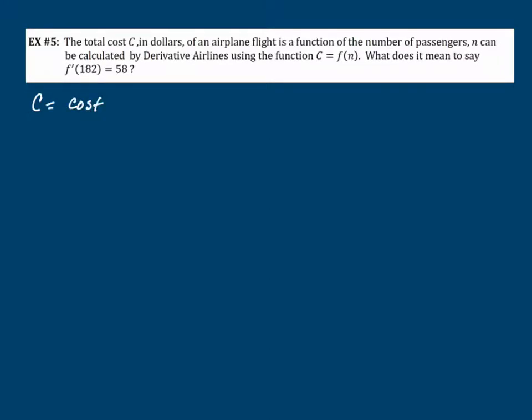And they tell you C is F of N. So F of N is equal to the cost of N passengers.